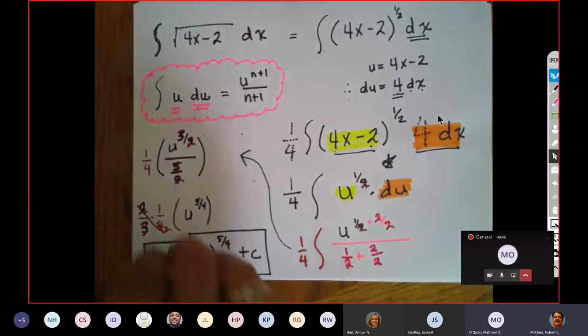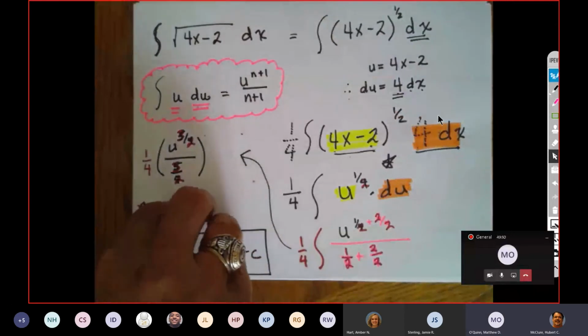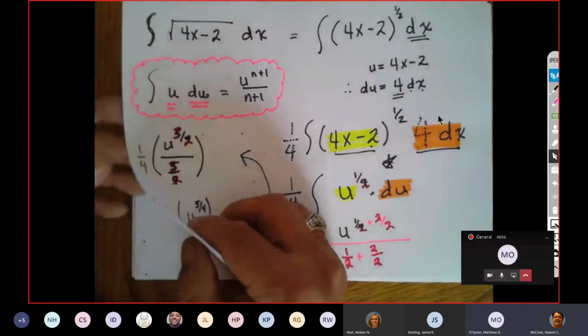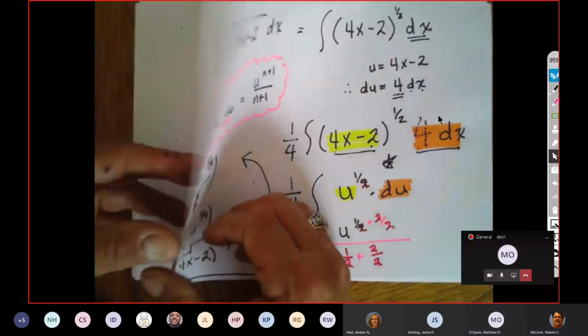Now, I've just shown you several infinite. Okay, I just showed you several infinite. Now let's do a couple of finite. Let's do a couple of problems that are very, very familiar to you.